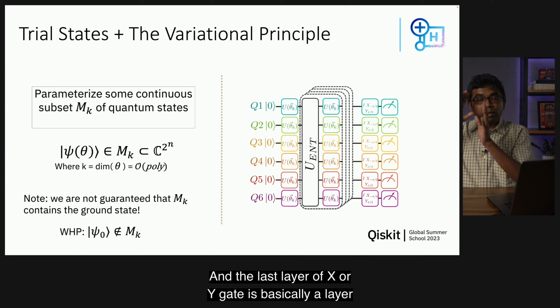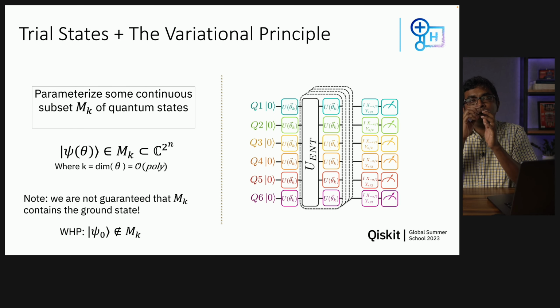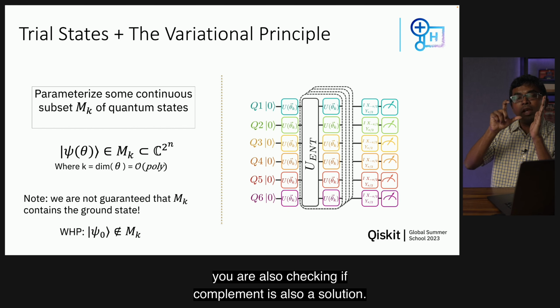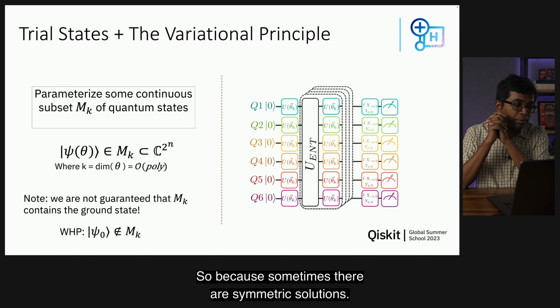And the last layer of X or Y gates makes sure that for any given solution, you're also checking if its complement is also a solution. Let's say the bit string representation of your current candidate solution is 0, 1, 0. The last layer also makes sure that you are checking 1, 0, 1, its complement, because sometimes there are symmetric solutions.